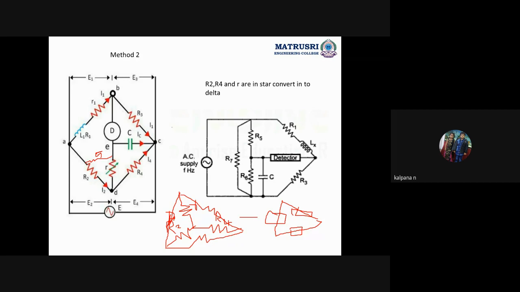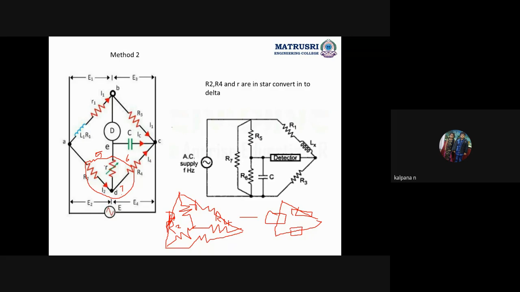Next this resistance is R6. Next here also one resistance will be formed. So this is R7. See, R5, R6, R7. Now what is the value of R5?